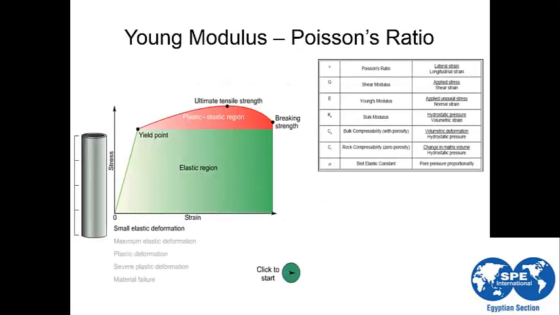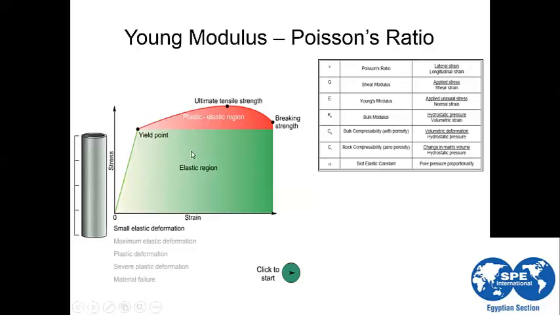First of all, Young's modulus. Young's modulus is famous for all materials. If you have Young's modulus for iron, for copper, for aluminium, you also have Young's modulus for your rock. Young's modulus is calculated from this chart.